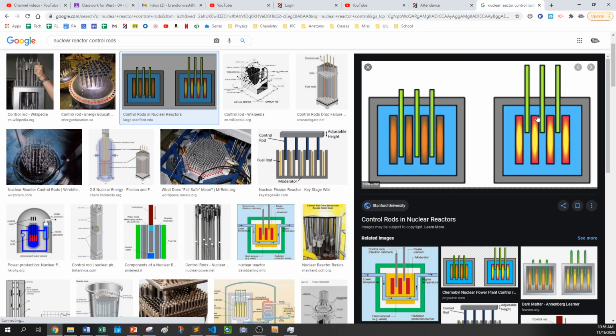So you have nuclear rods and then you have these control rods. As long as the control rods are in between the nuclear material, they'll start absorbing a lot of the neutrons. If you raise up the control rods, some of the neutrons will start bouncing from one material to the other, and they'll start reacting more, giving off more neutrons. There's a little chain reaction, and this starts heating up the water.